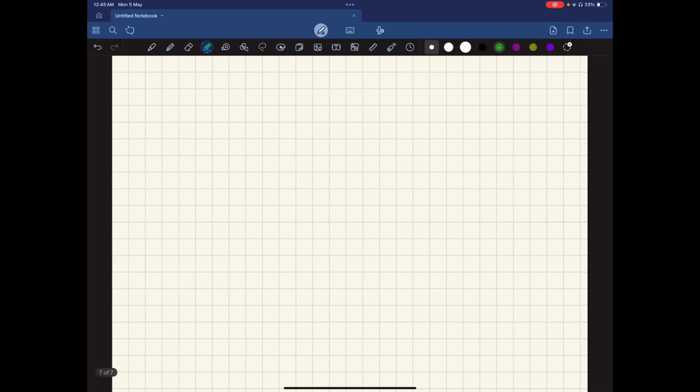Now let's move on to the parallelogram. What is a parallelogram? A parallelogram has 2 pairs of parallel sides.